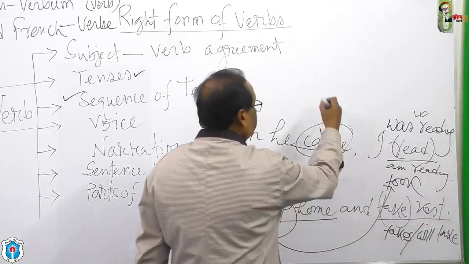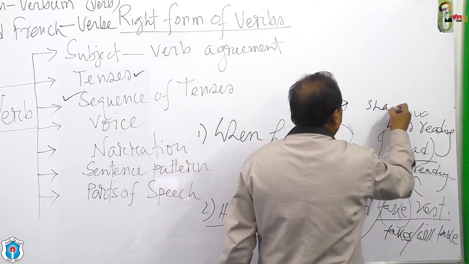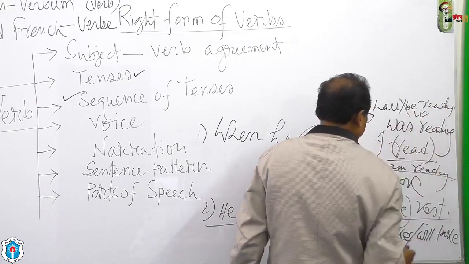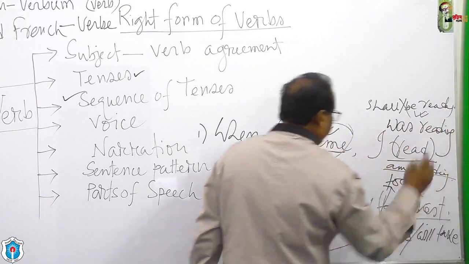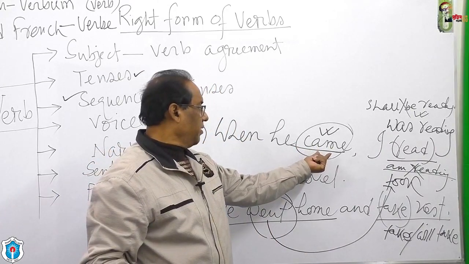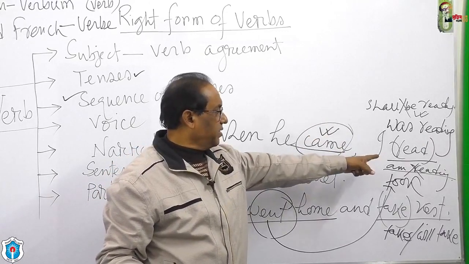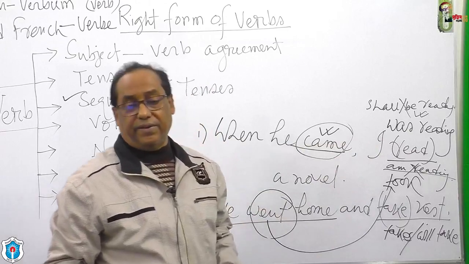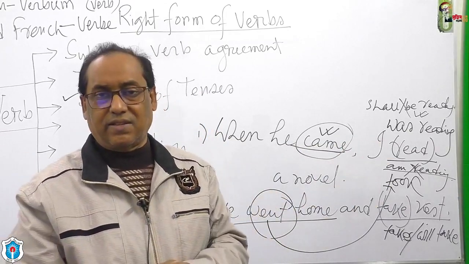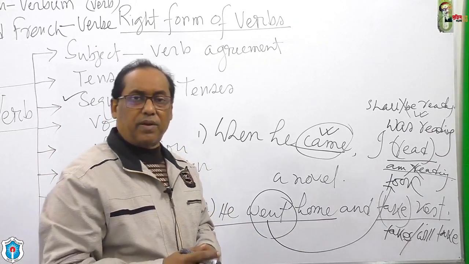As it is past, you can't write I am reading, it is wrong. Or I shall be reading. Incorrect. Am reading, incorrect. So the tense of came indicates and determines the tense of the verb read. This relationship between tenses in clauses is called sequence of tense.